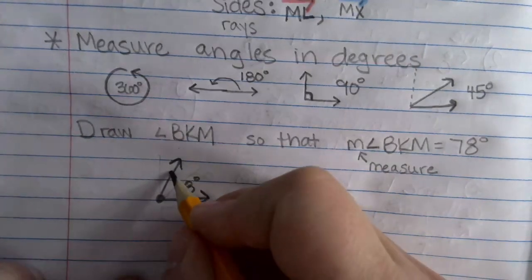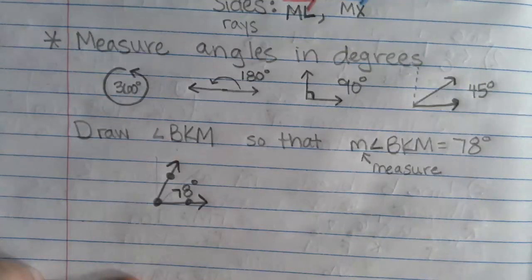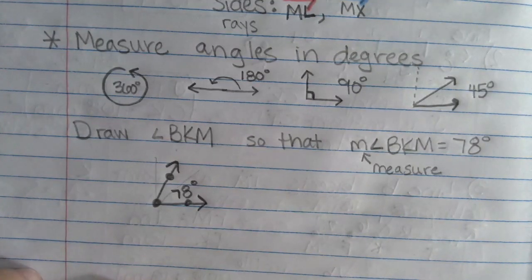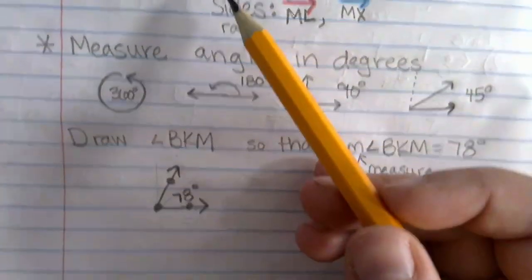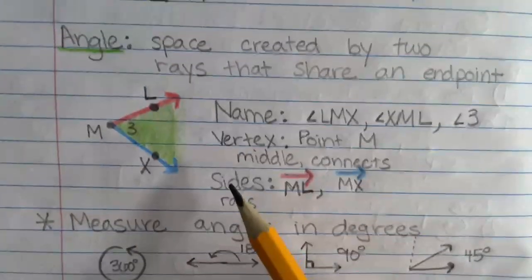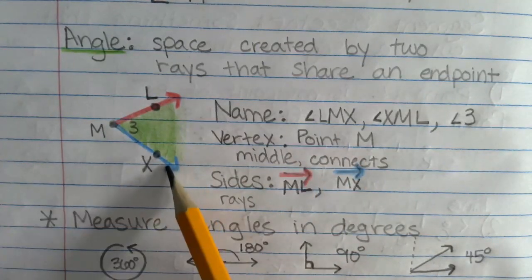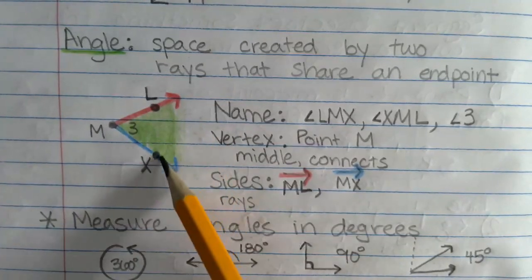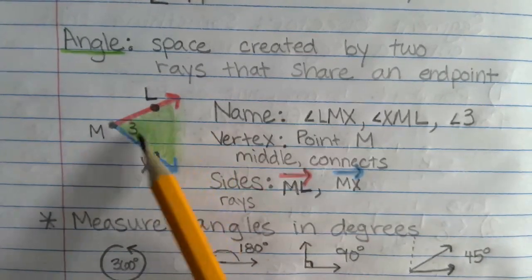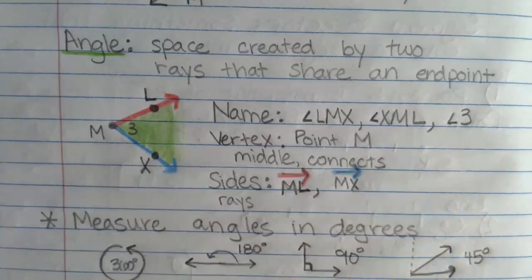And then I also have points on our sides. Now, when we named an angle, we wanted to make sure, I'm going to come back down in just a moment. Yesterday when we did this, we did LMX, or we could do XML. But it had to go kind of in that order. And that middle point, that M, went in our middle position.